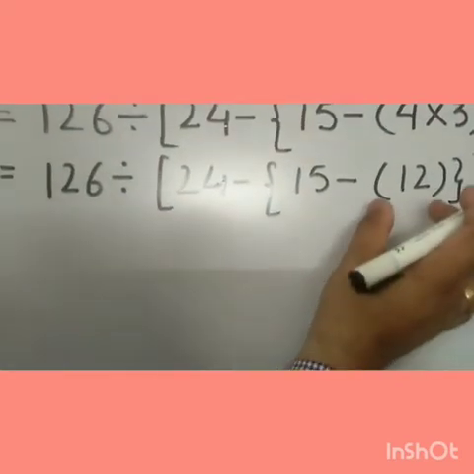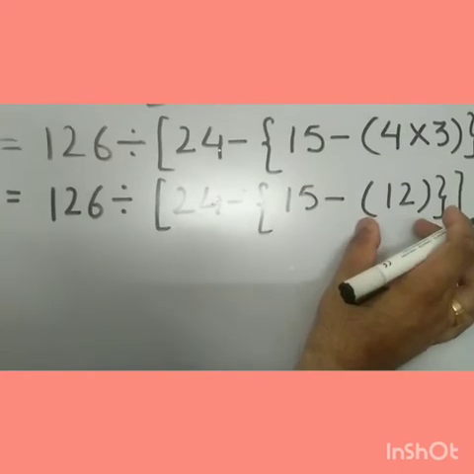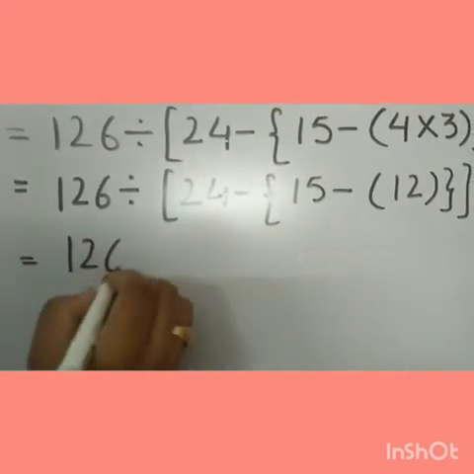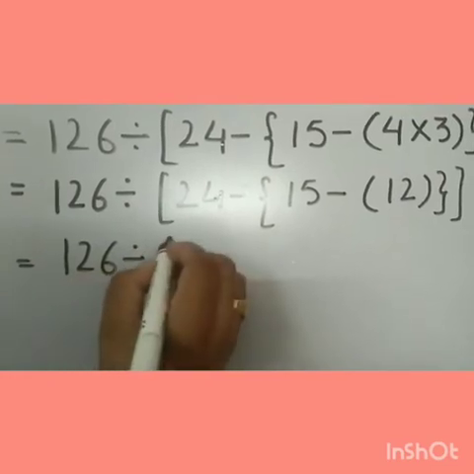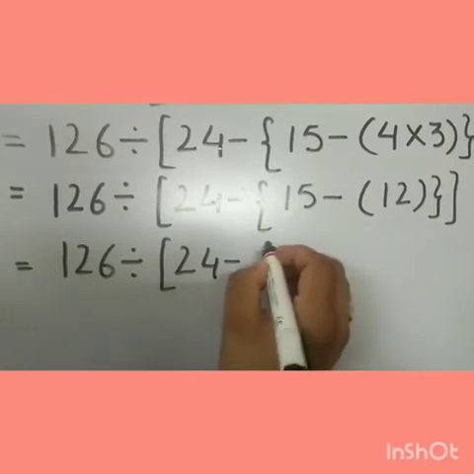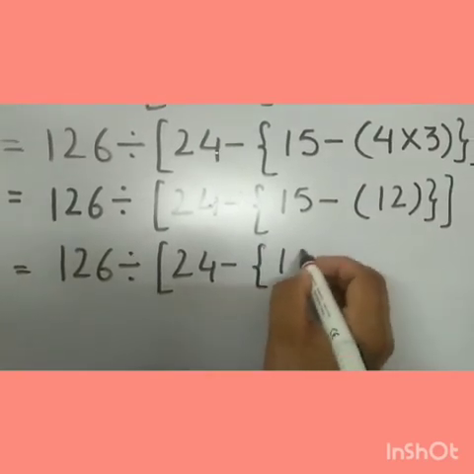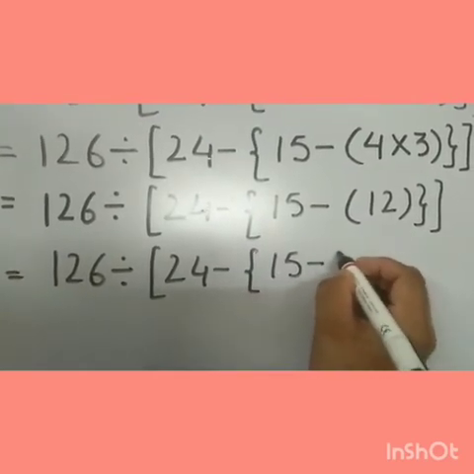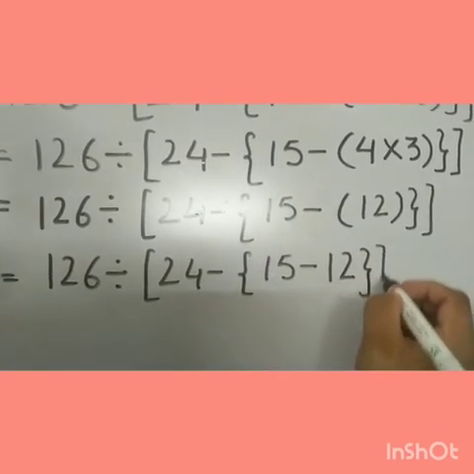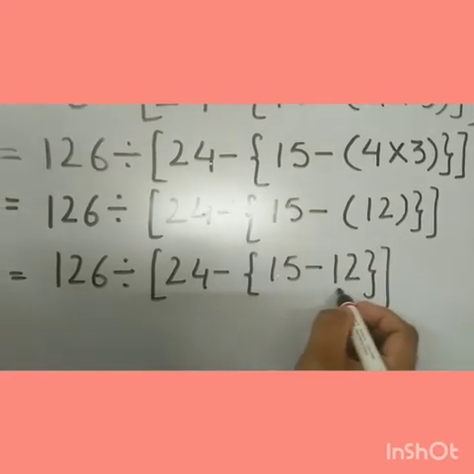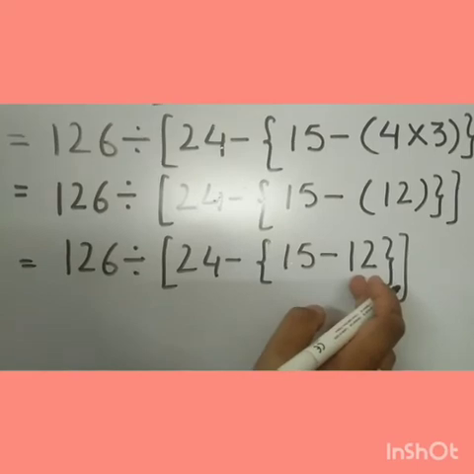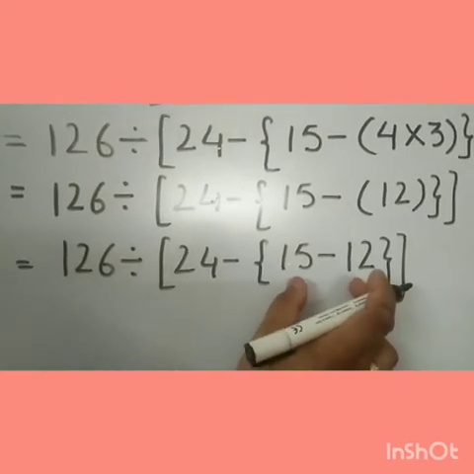Now in the next step we will remove this round bracket. 126 divided by 24 minus curly bracket 15 minus 12. I have removed round bracket from here. Now solve curly bracket. There is subtraction in the curly bracket, so subtraction first.